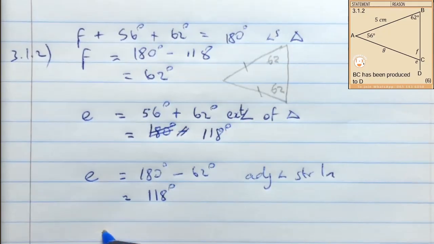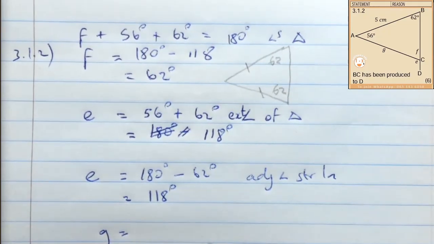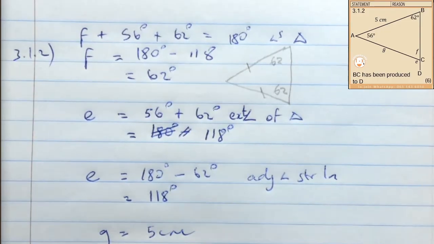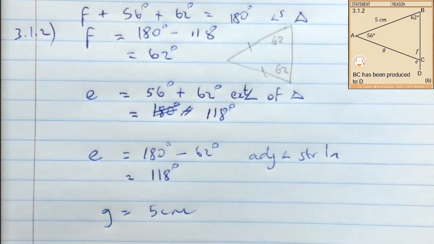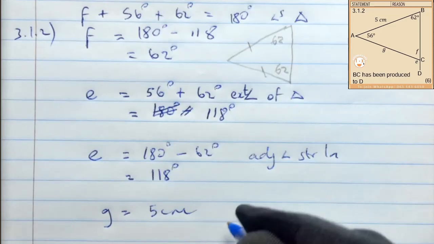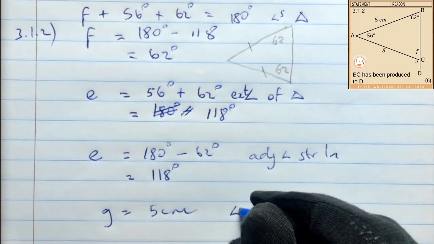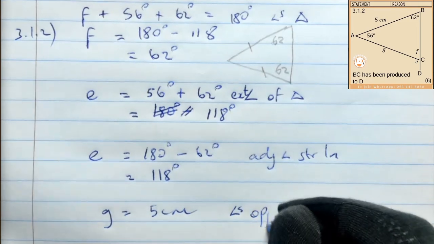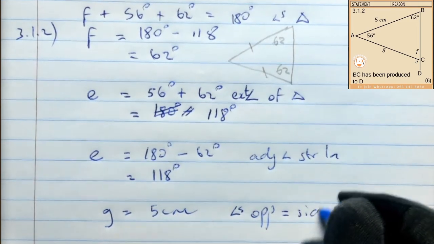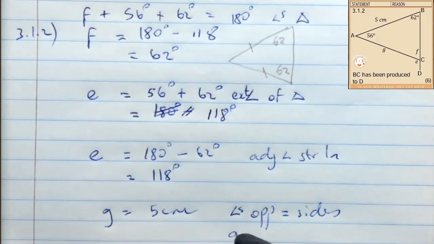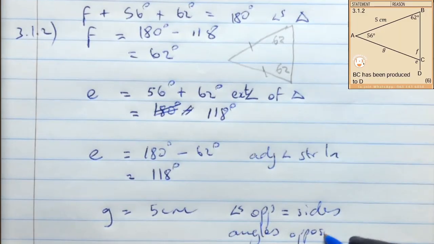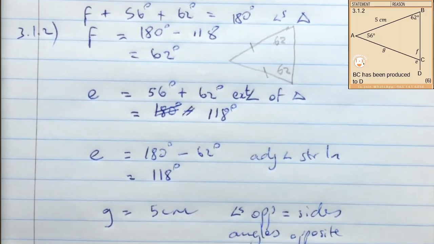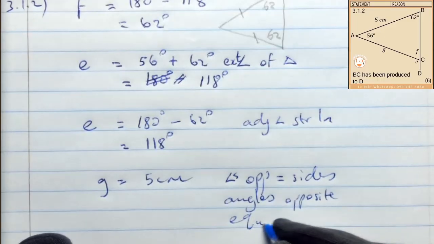Then we can say G is equals to 5 centimeters. And why is that? You can say, what are we going to say? Okay, we don't use isosceles, isn't it? We say angles opposite equal sides. Okay, you can write full sentences, angles opposite equal sides.